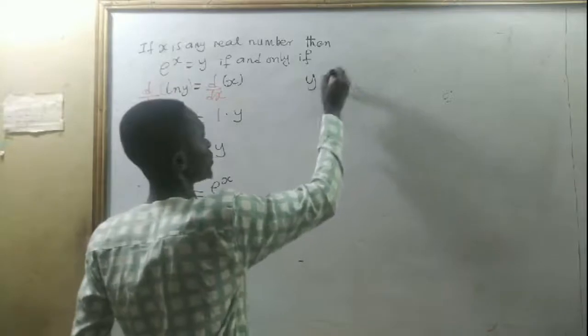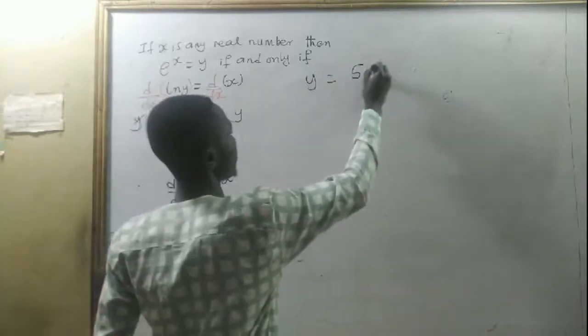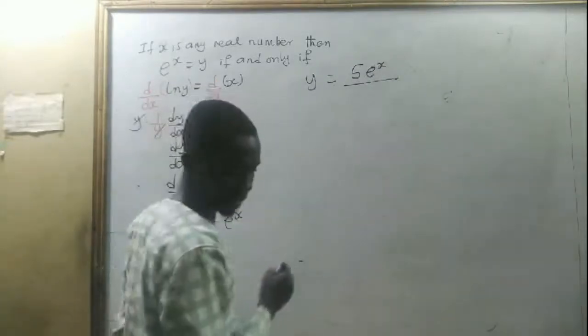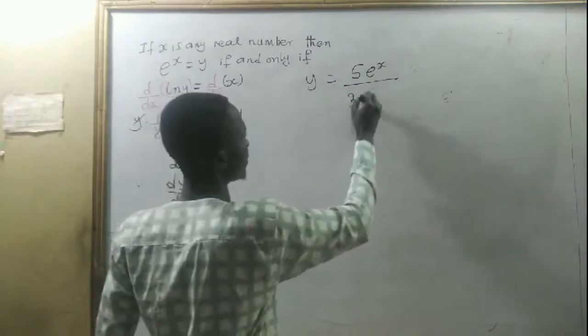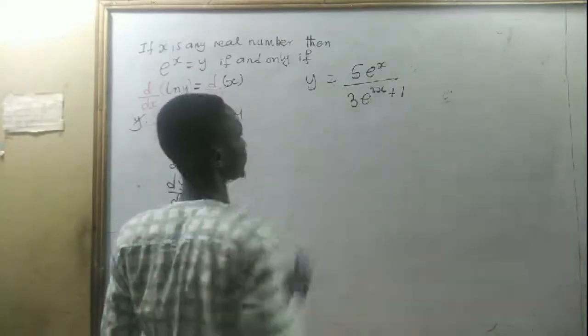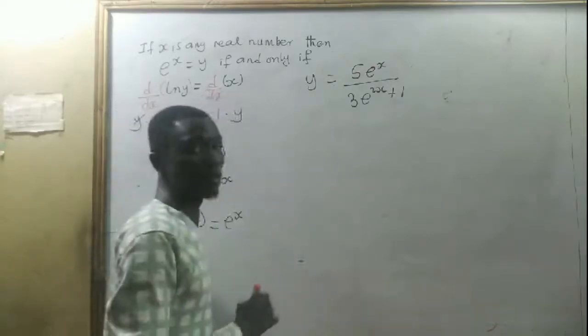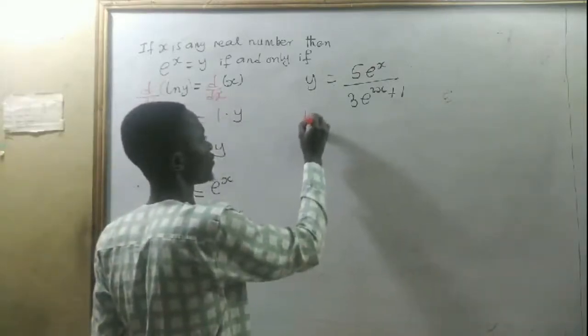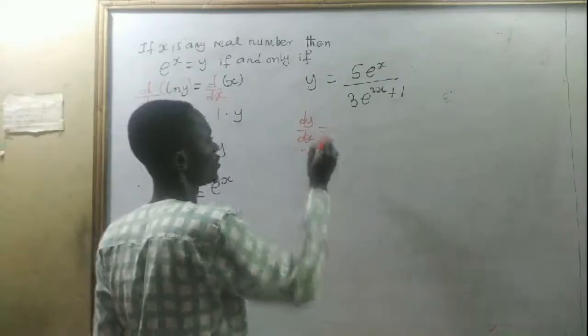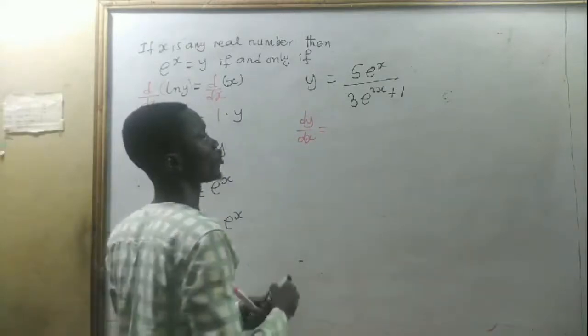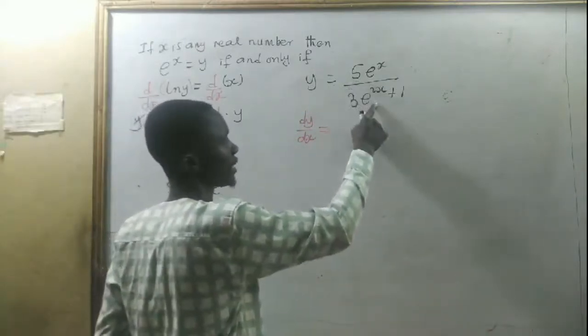We have y is equal to 5e to the power x divided by 3e to the power 2x plus 1. Now, let's do that. We are going to use the quotient rule. So here, the derivative of y with respect to x will give us, we differentiate the numerator and multiply it by the denominator.